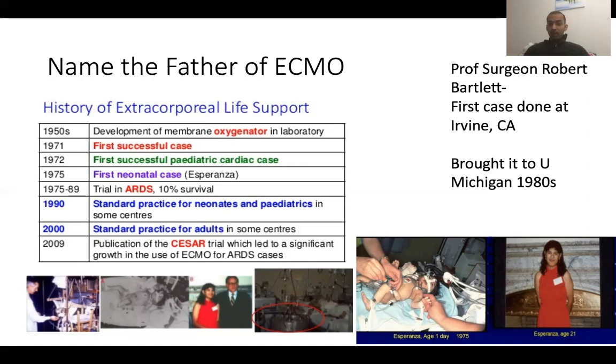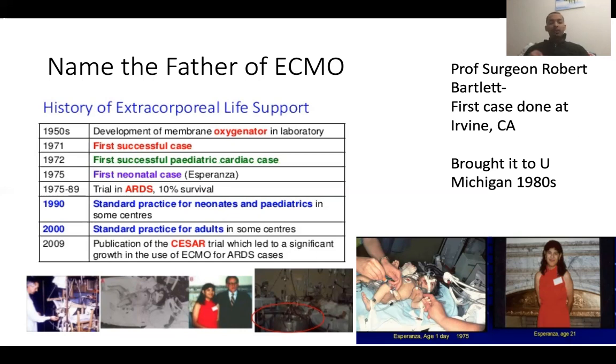And then trials in ARDS: the first US-based trial containing 9 centers was performed around the 1970s again, and came out as a paper in JAMA that I'll be talking about briefly later, with 10% survival.